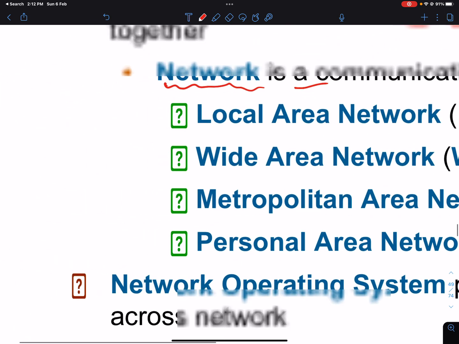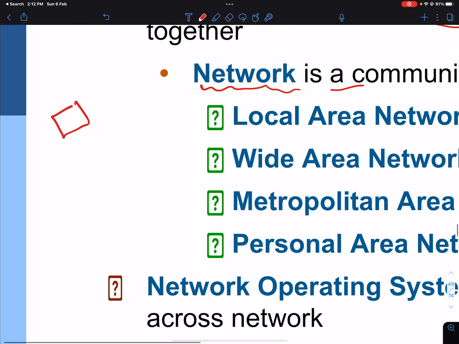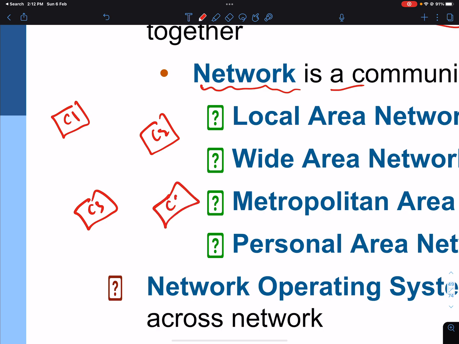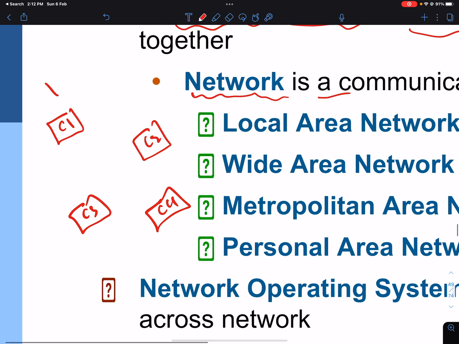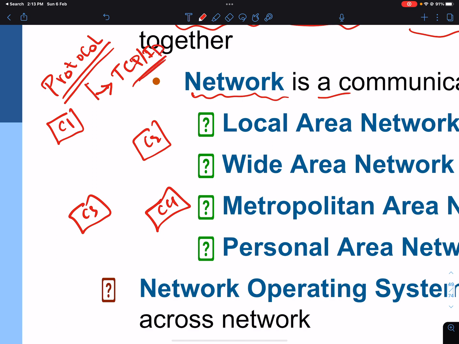If you have many computers, let's say this is computer 1, computer 2, computer 3, computer 4, and so on, what do they use to communicate? They use what we call a protocol. And for those who studied networks, they know what I'm talking about. The most famous protocol, it's not the only one, by the way, but the most common, is TCP/IP.